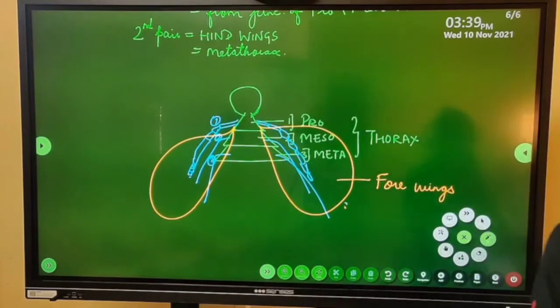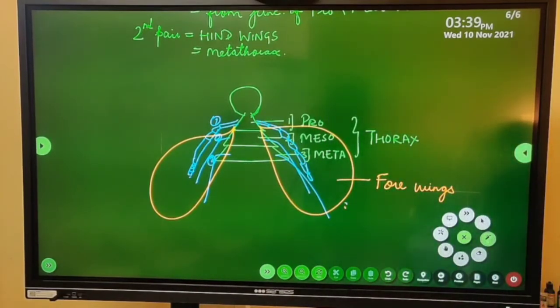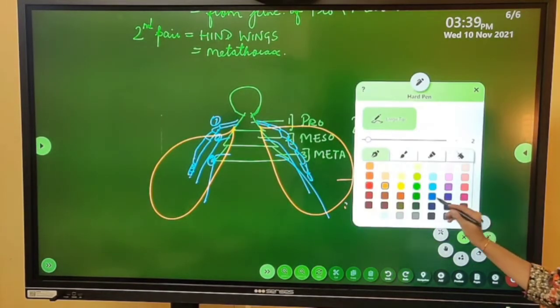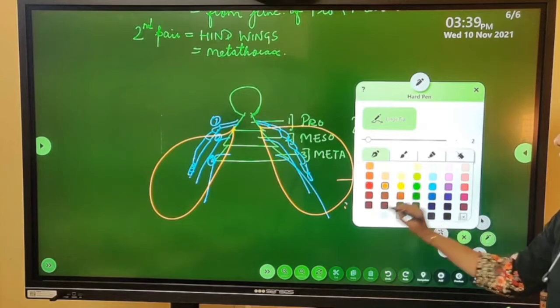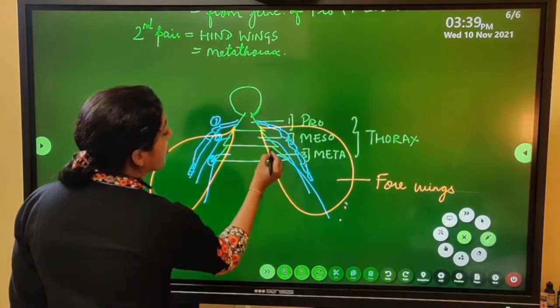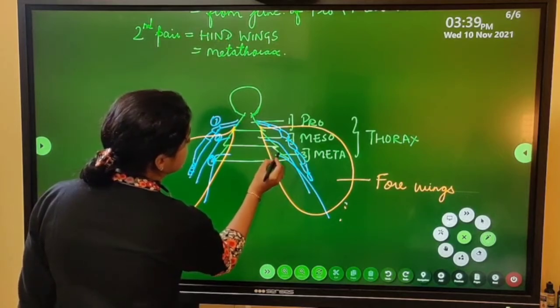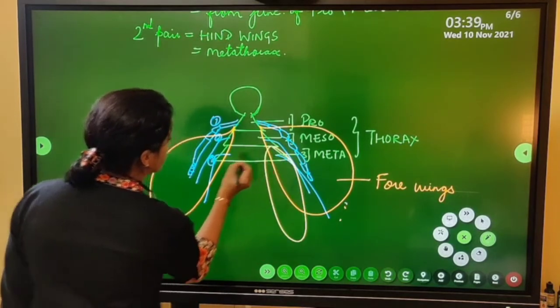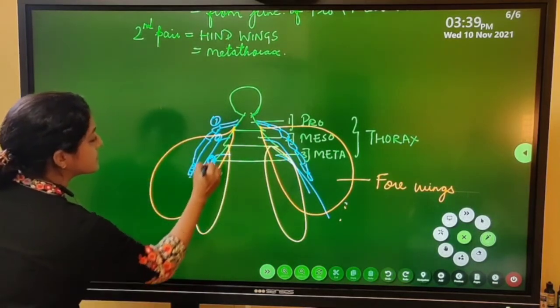And the next wings, the hind wings, will be from the metathoracic region. So these will be the hind wings from the metathoracic region.